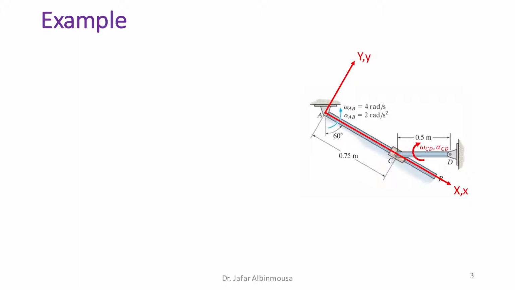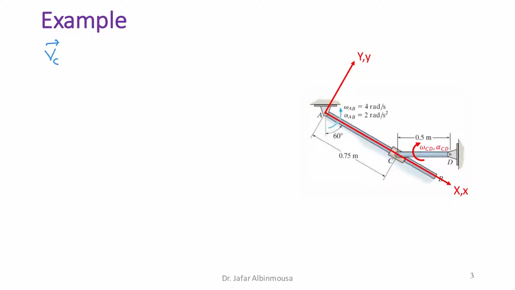So I am going to write the velocity and the acceleration equations between point C and point A, because point A is fixed, and we know alpha and omega for AB. If we do it between C and D, we will have too many unknowns. So let me write down the equations.